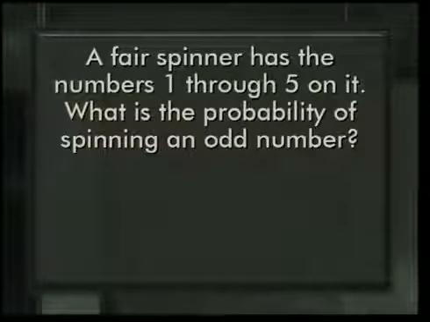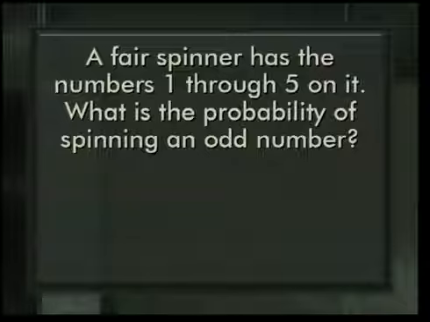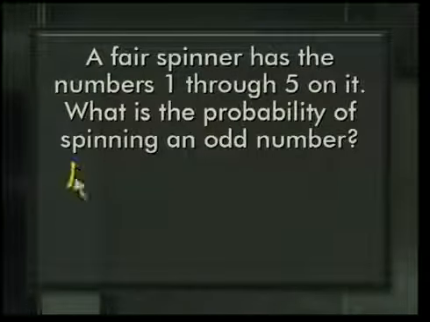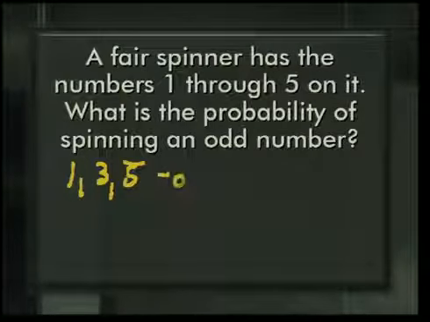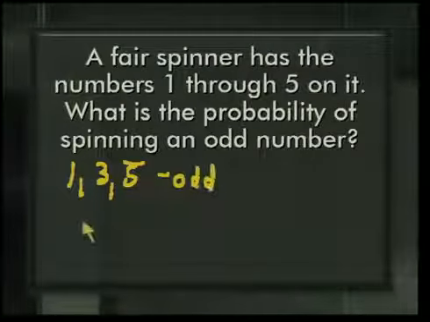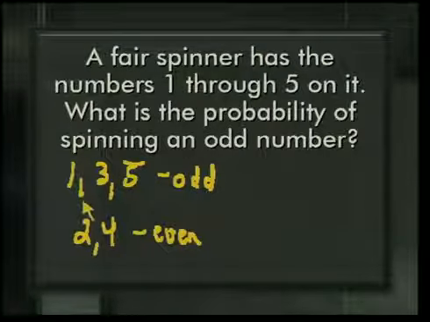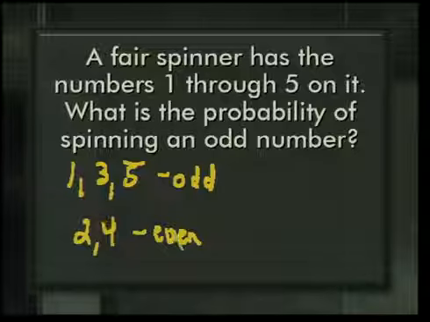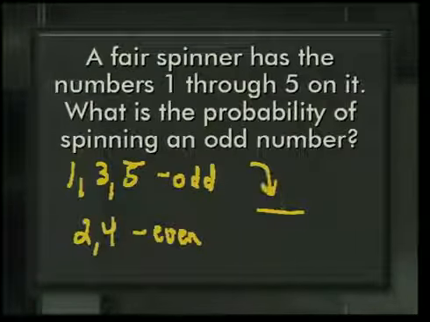Now, what about this question? A fair spinner, numbers 1 through 5, what is the probability of spinning an odd number? Well, the odd numbers are 1, 3, and 5, and 2 and 4 are even. Now, by the way, don't put the numbers up here.